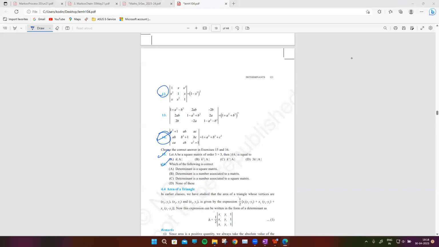Now coming to 15. Let A be a square matrix of order 3 cross 3. Then the determinant of K times A is equal to. First of all, does someone know the answer?